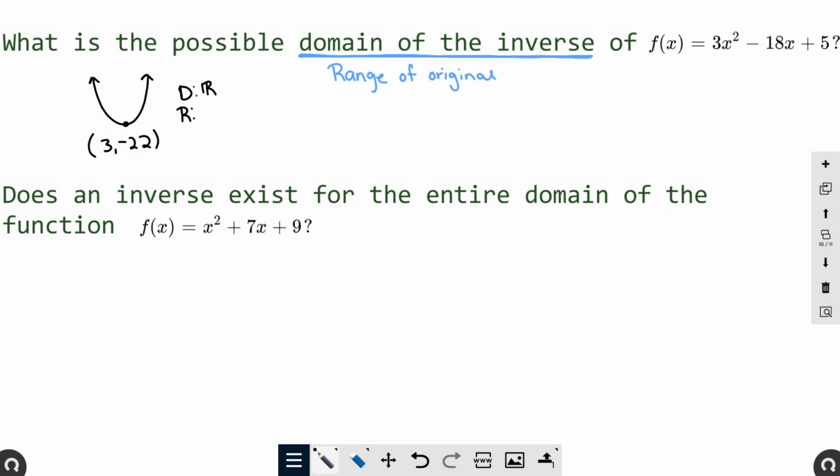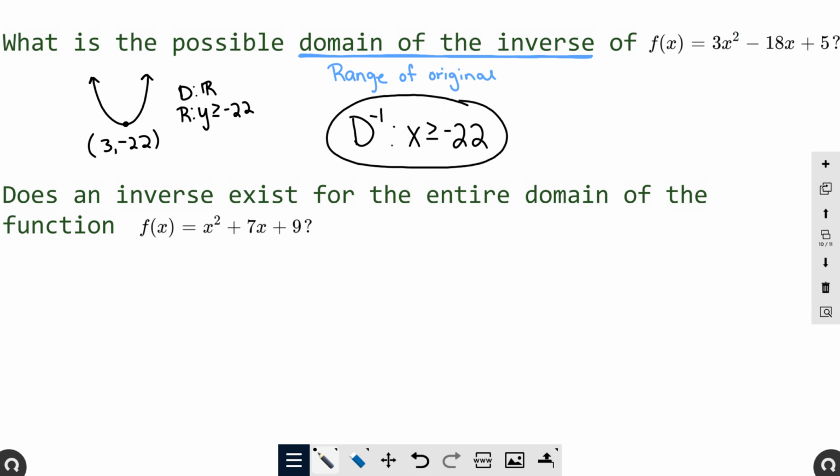So what is the range for this function? Perfect. So what is the domain for the inverse? X is greater than or equal to negative 22. So remember, we use that range of the original to find the domain of the inverse.